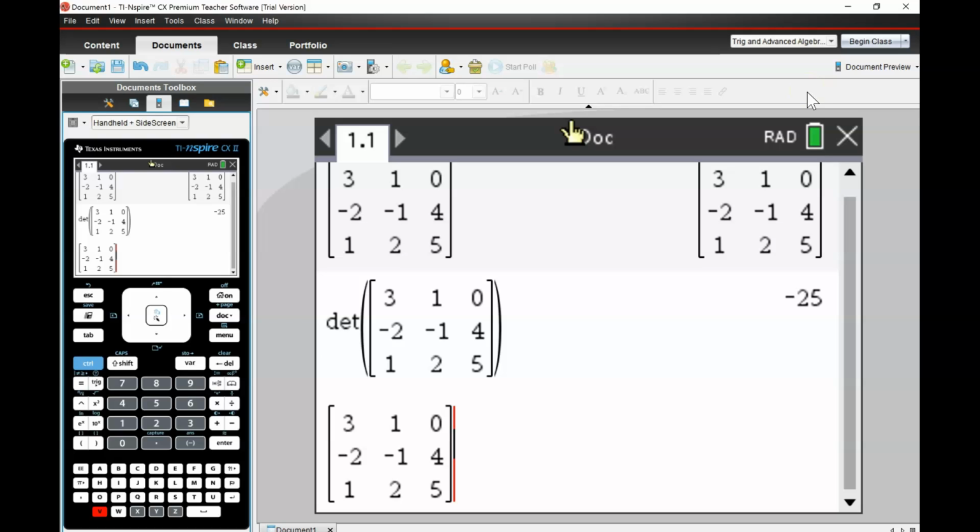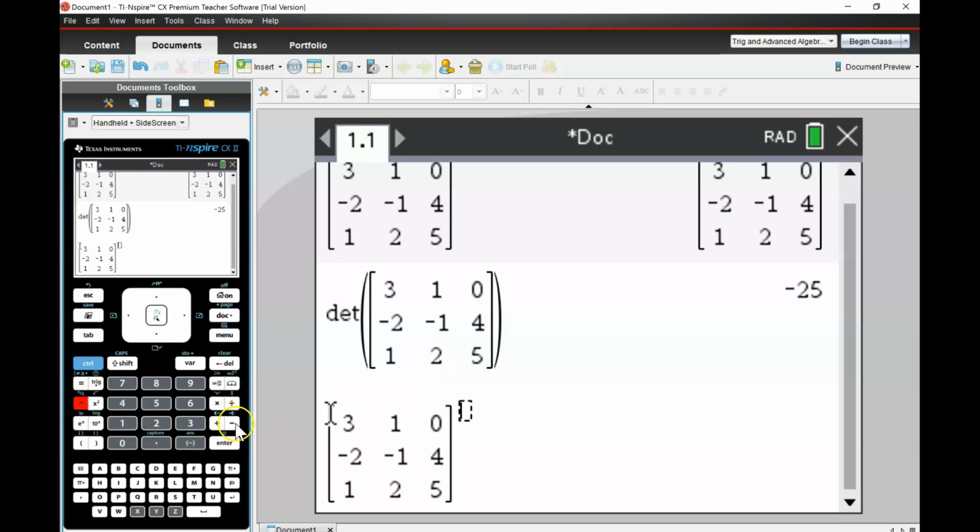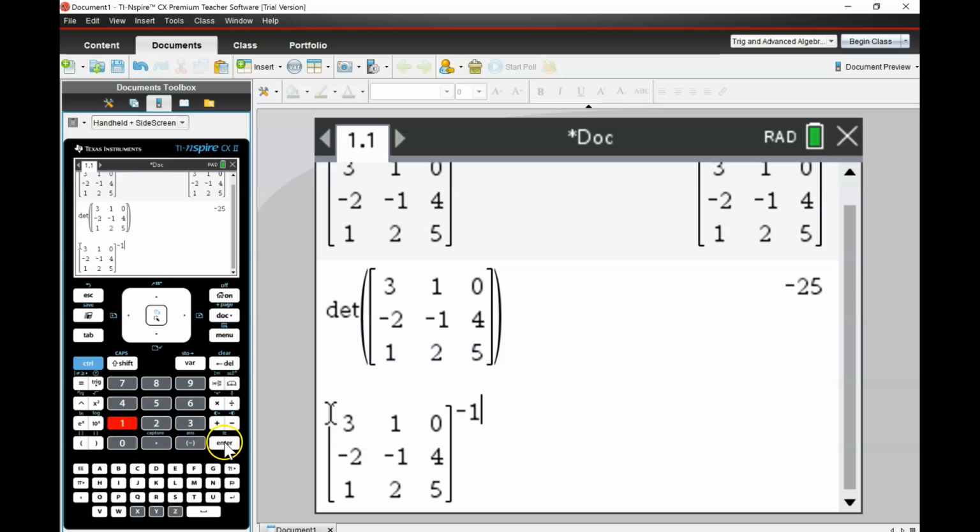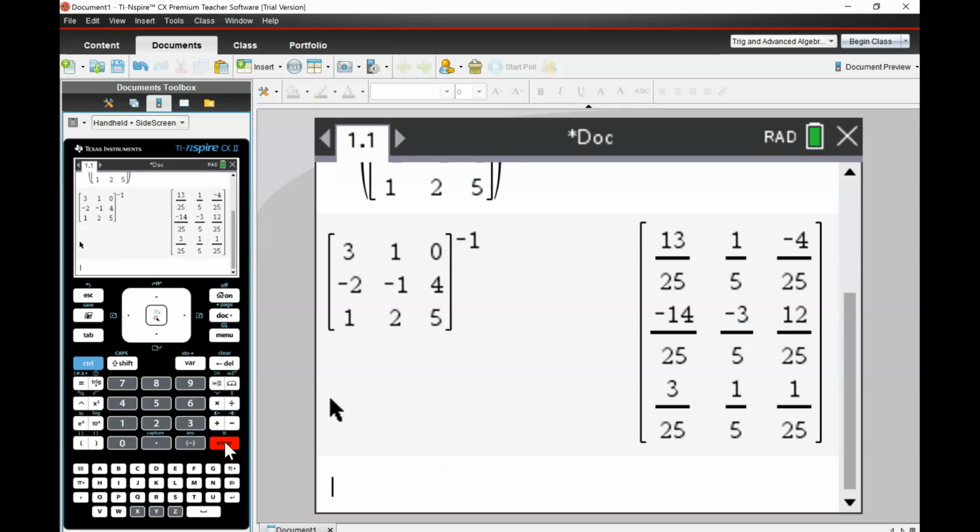Now look. What's inverse? Inverse is to the power of -1. That's the inverse of this matrix. Oh my god. Not a fan. But we said no work. No work.